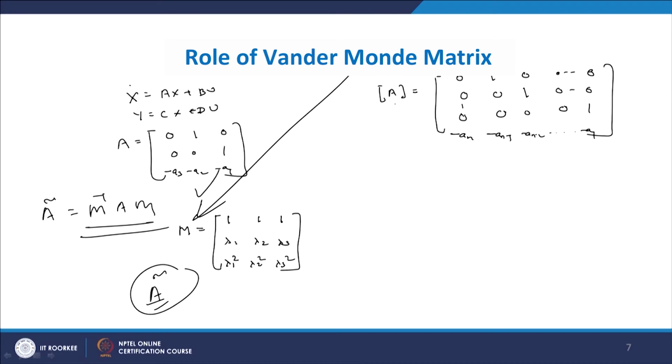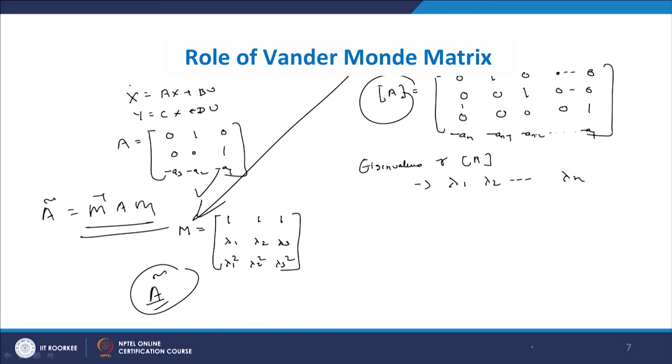Let us say the eigenvalues of A are written as lambda 1, lambda 2, up to lambda n.